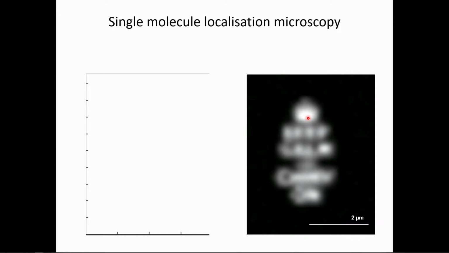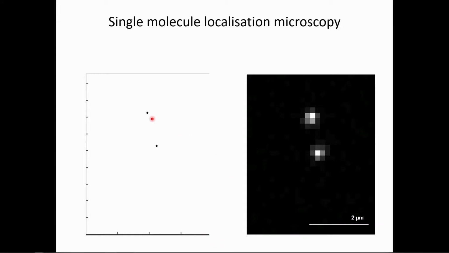And so what I now want to do is, let me just suppose I'm able to switch most of these molecules off. Let's switch them off. For example, we only have 2 molecules remaining in the on state. So these 2 ones here.